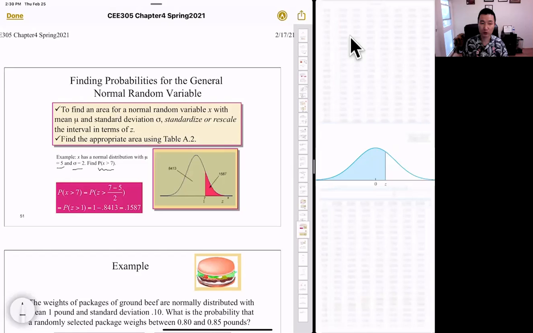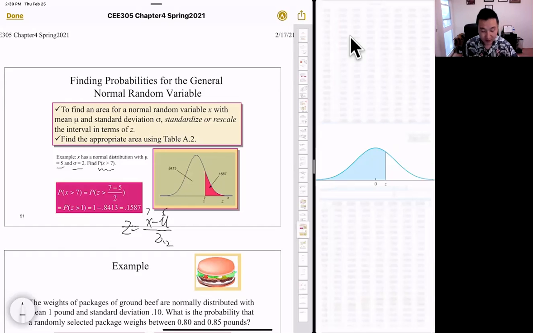The z-score is equal to x minus mu divided by sigma. So x is 7, mu is 5, sigma is 2, and the z-score is equal to 1.